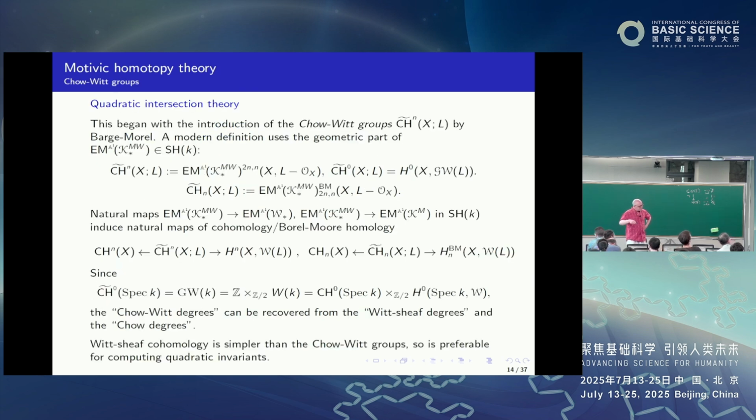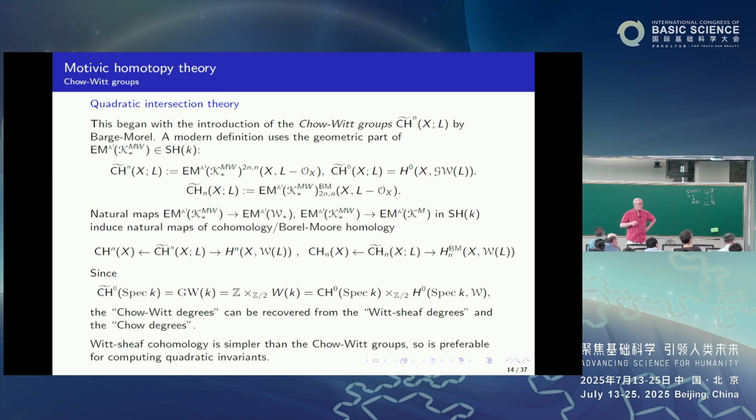Okay, so let me just say a little bit about the history of quadratic intersection theory in general. It began with the introduction of these Chow-Witt groups. This was by Barge and Morel. Again, the notation suggests it's like the Chow groups, but you have the additional information of a twist by a line bundle.